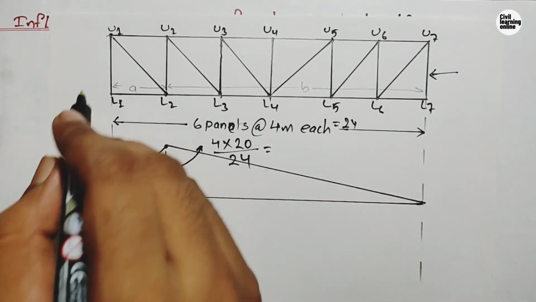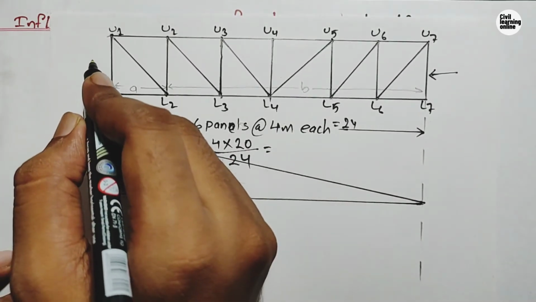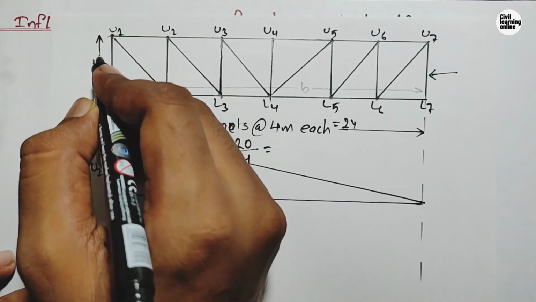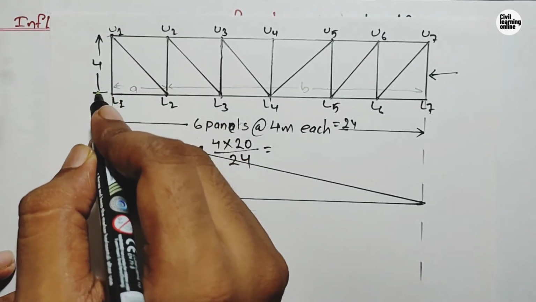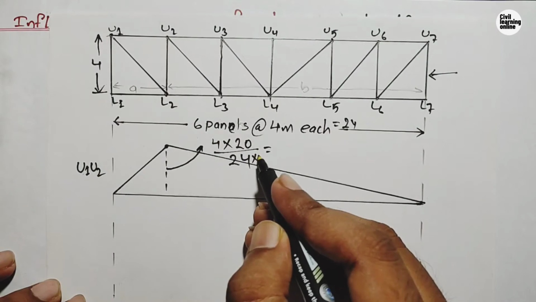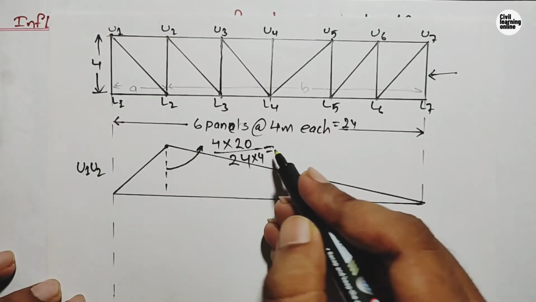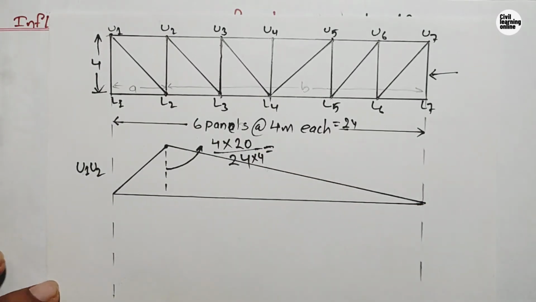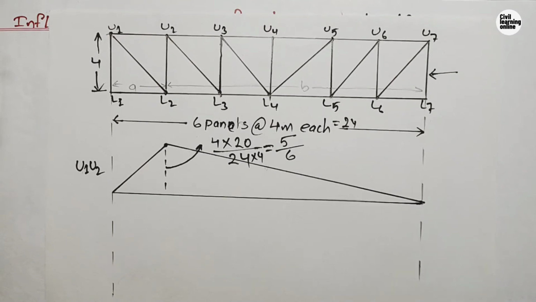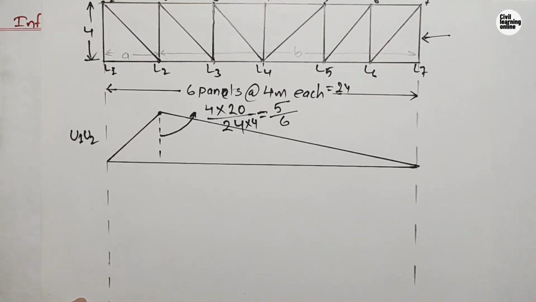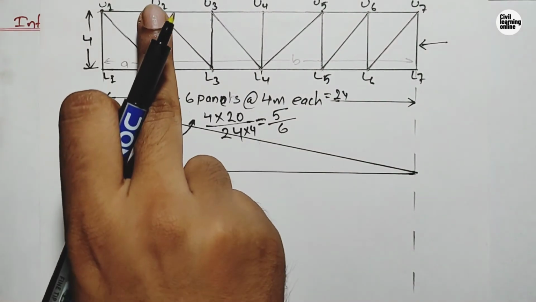And one thing more, I have missed the value of the height of the influence line diagram, which is given as 4 meters. So multiply this by 4, and on solving this we will get the final value for u1 and u2, which is going to be 5 upon 6. Now let us draw the influence line diagram for u2 and u3.